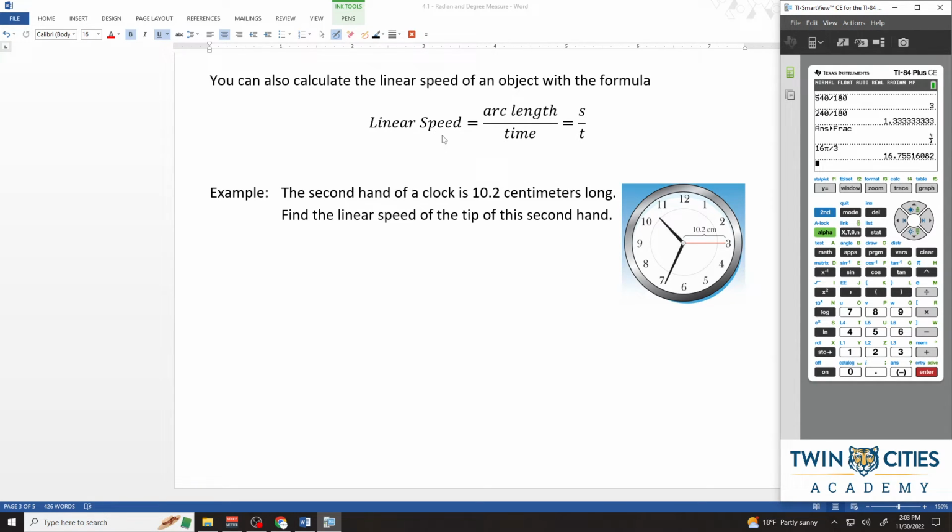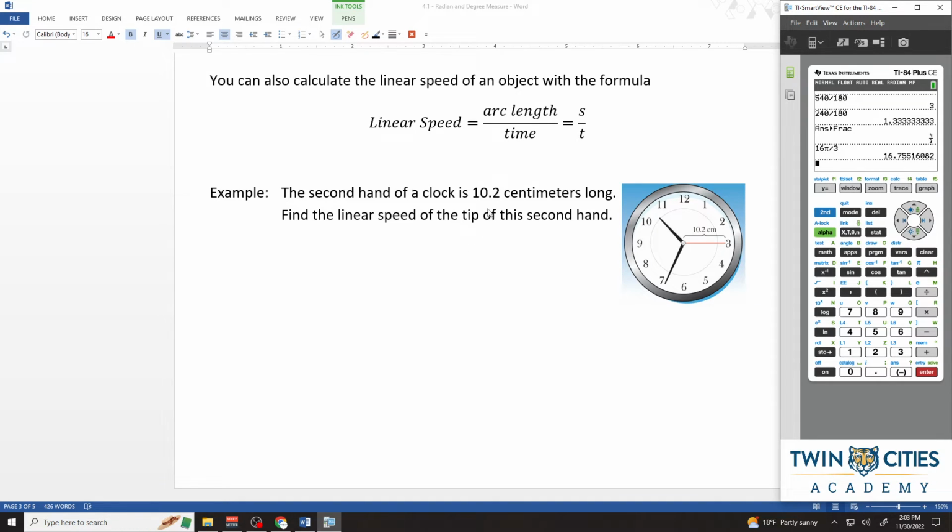Here, we're just going to use a clock. The linear speed is equal to the arc length divided by the time it takes to move along that arc length. As an example, let's say we've got this clock here. The second hand is 10.2 centimeters long. I want to find the linear speed of the very tip of the second hand.